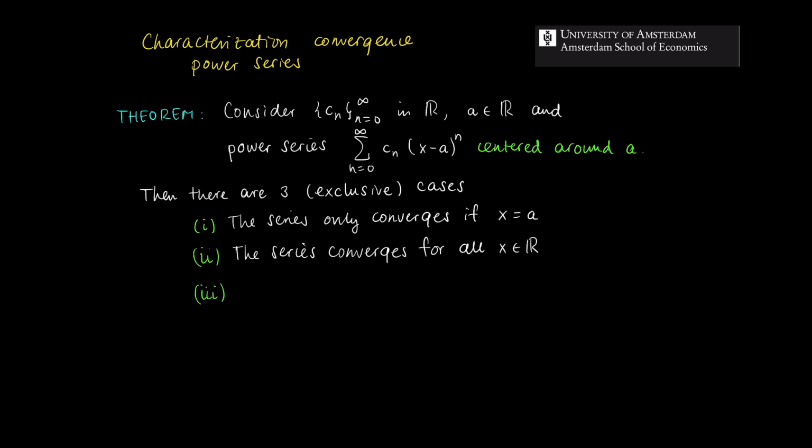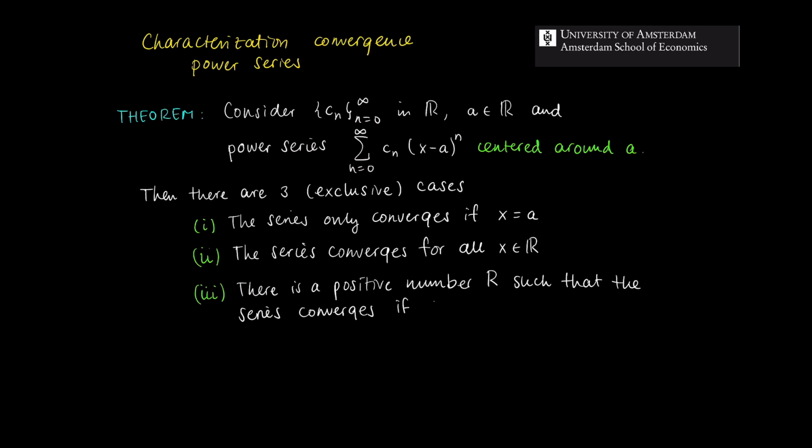And the third one, that's the other case, is there is a positive number R, such that the series converges for all x's such that the distance to A is not so large, or at least smaller than R. And at the same time, if we take the distance from x to A larger than R, then the series will diverge. Okay, these are the three exclusive cases.